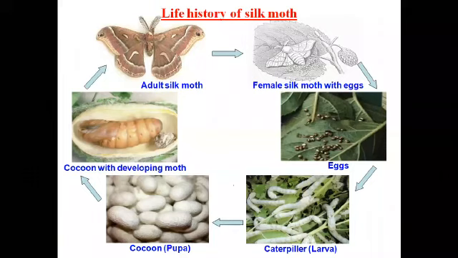Then the caterpillars come out of the eggs and are fed mulberry leaves. You can see in the next slide the cocoon spun by the caterpillar itself. And next is the cocoon developing into a silk moth, which comes out after the breakage of the cocoon.